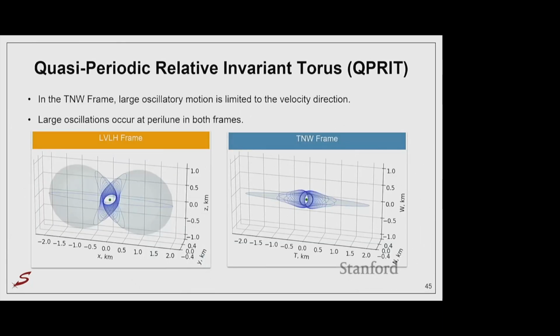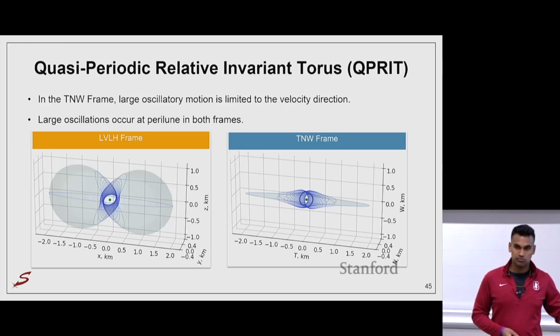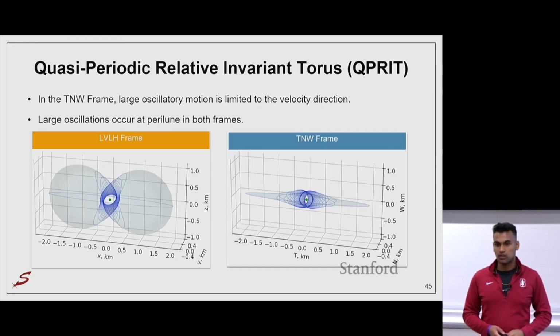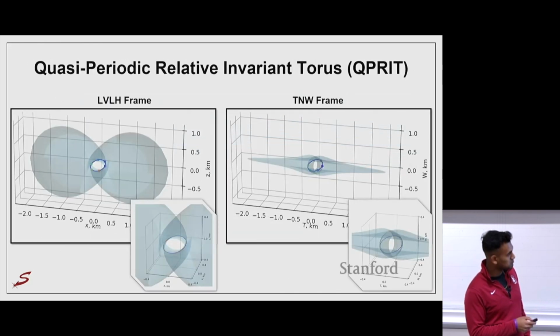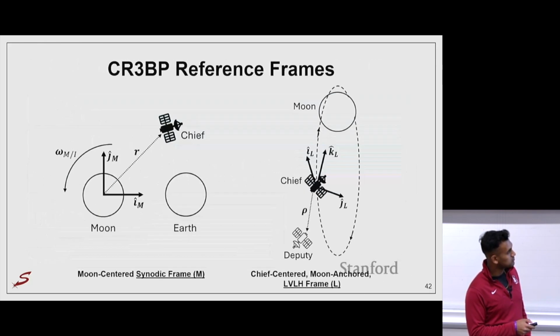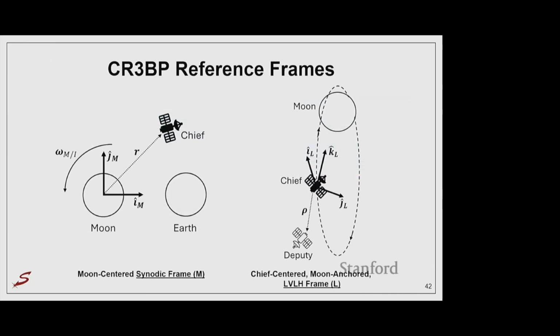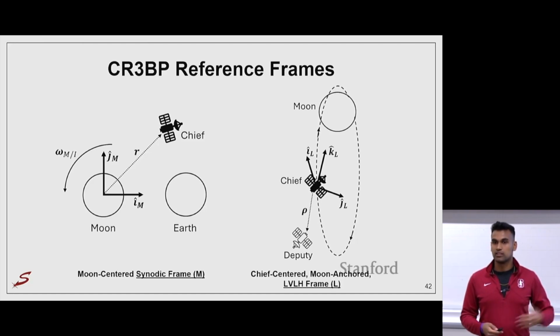Yeah, and one more takeaway here is that the large oscillations are occurring at perilune. And perilune, you've dealt a lot with periapsis, perigee in the Earth case. Perilune is when the spacecraft is closest to the moon. Just like in Earth orbit, that's when it's moving the fastest, and that's when the dynamics are evolving more rapidly, and therefore the linearizations are more prone to error and breaking.